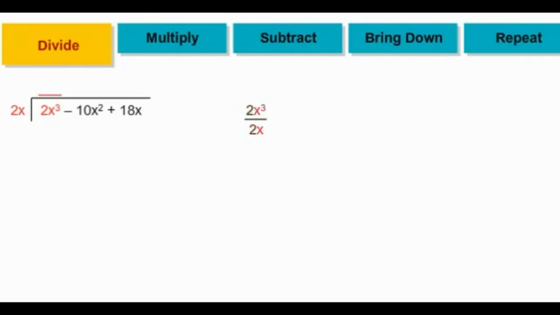But what is x cubed divided by x? When you multiply variables, the exponents are added. When you divide variables, the exponents are subtracted. So 2x cubed divided by 2x is 1x squared, or just x squared. This gives you the first term in the quotient.